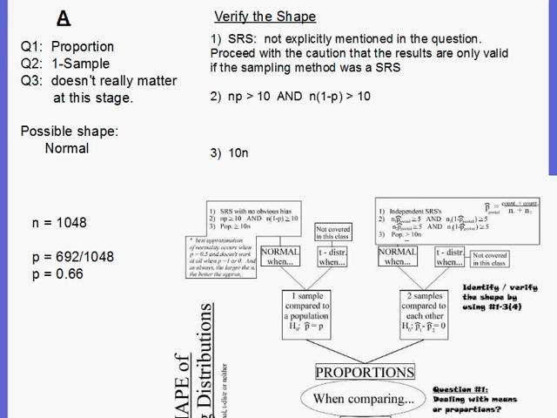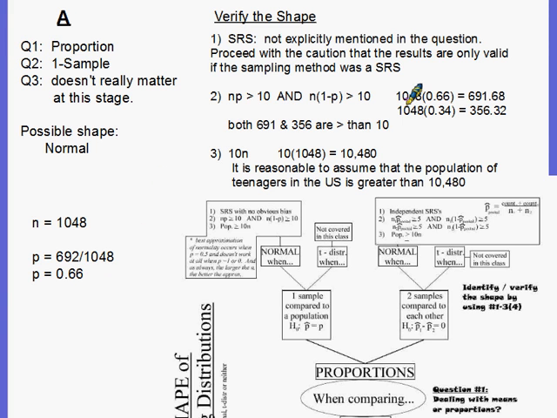Let's look at, first of all, the numbers. I summarized them over here. We know that our sample size is 1,048. Calculated our proportion that has TVs, which turns out to be 66% of those surveyed have TVs. So we can plug those numbers in. I plugged in my n and my p, n and 1 minus p, so 34% don't have TVs.